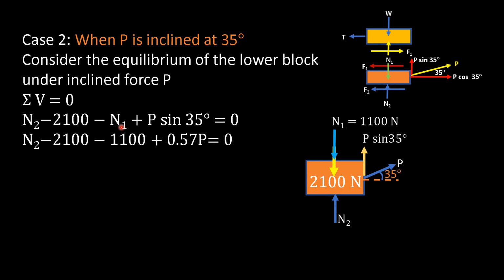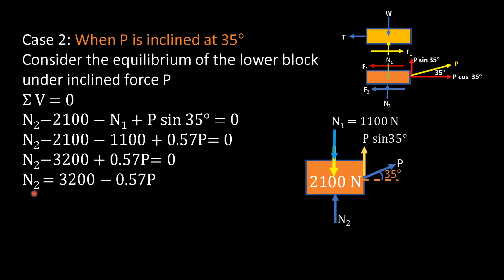Putting the value of N1, 1100, we get 2100 plus 1100, 3200. So we get N2 equals 3200 minus 0.57 P.